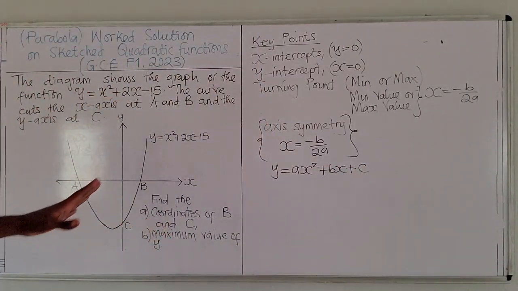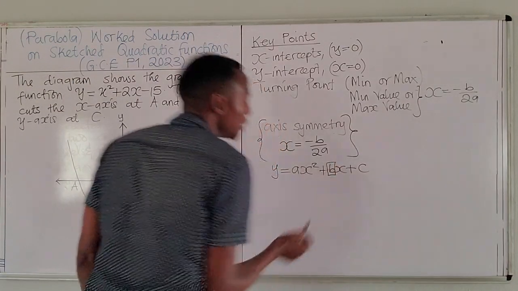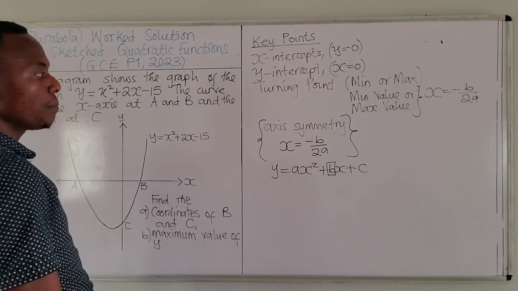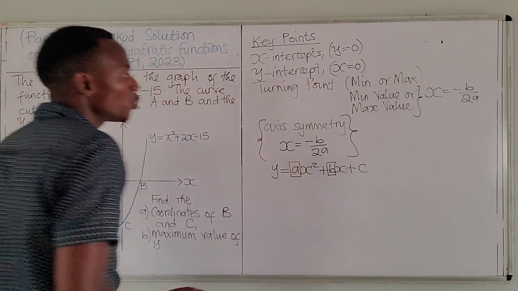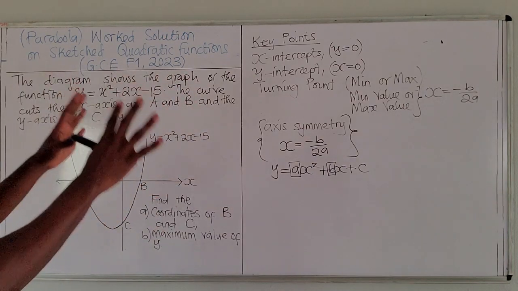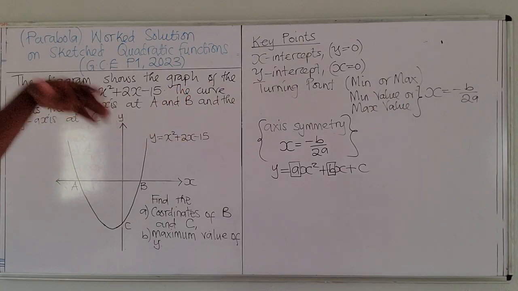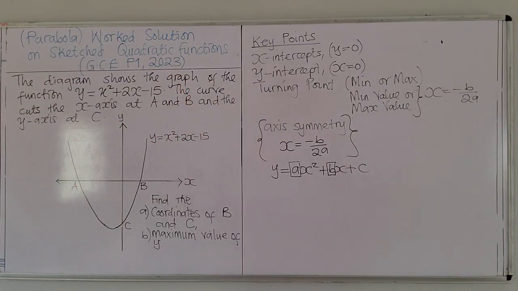Always, the coefficient of x is going to be our b value, and the coefficient of x squared is always going to be our a value. c symbolizes the constant. So these are the key points I really wanted you to have a grasp of, so that you can easily work out these questions.